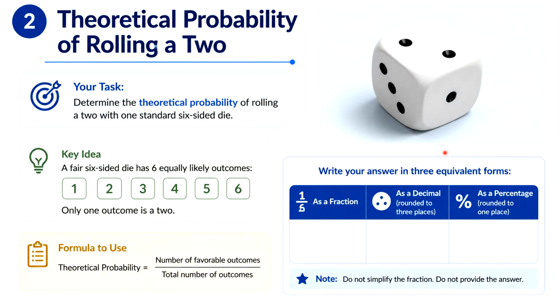And remember, you need to write your answer in three equivalent forms: as a fraction, as a decimal rounded to three places, and as a percentage rounded to one place. This is the most common mistake here. Remember the requirement in rounding.